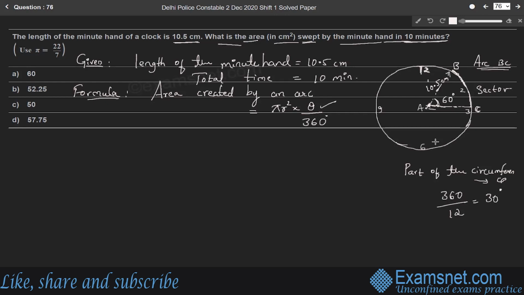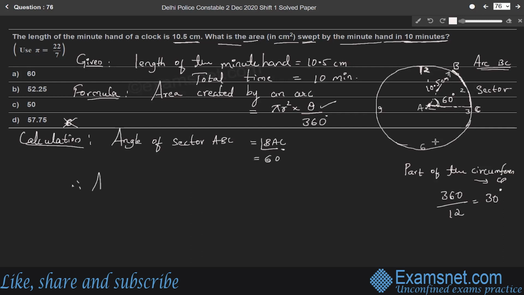Therefore, calculation. The angle of sector ABC is equal to angle BAC, which is 60 degree, right?